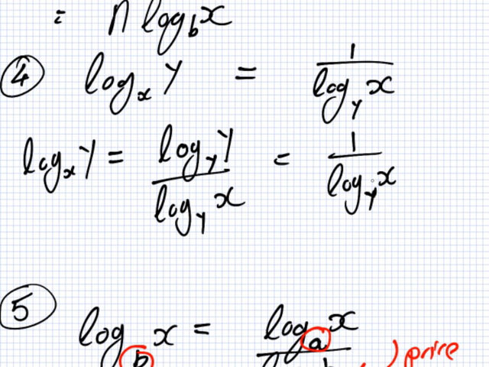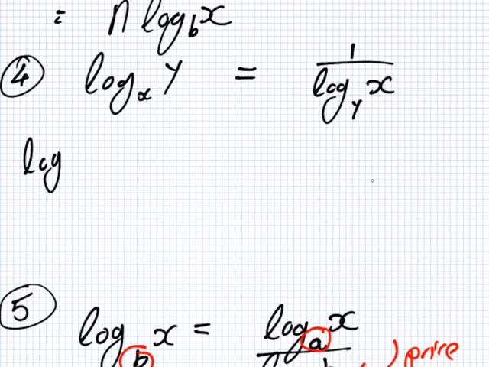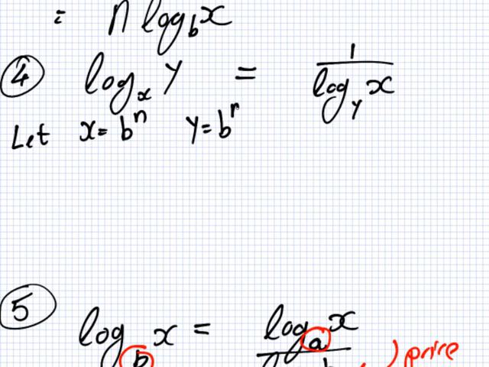Can I just remove 4? Yeah, that's just one way to prove it. I think there is another way to prove it. You can do it a similar way to 5, I think. If I go back a little bit here, you could do the same trick as with most of the proofs. You could say, let x equal b^n and let y equal b^m. So then log base x of y becomes log base b^n of b^m, and what will this become?